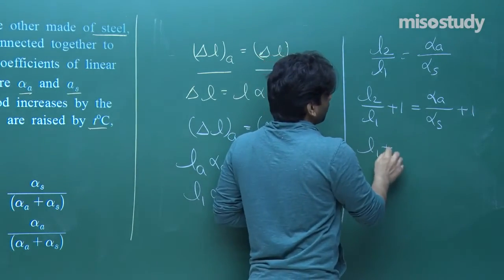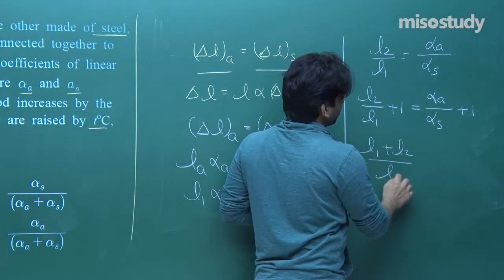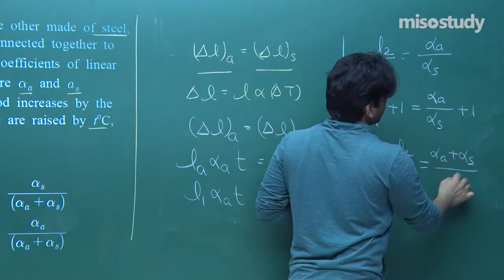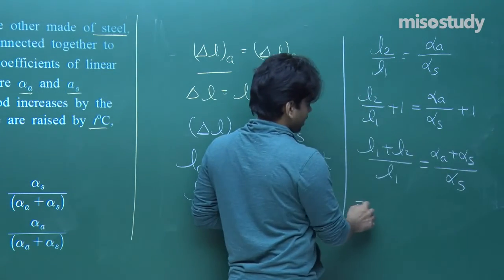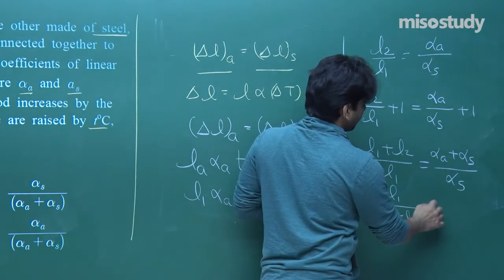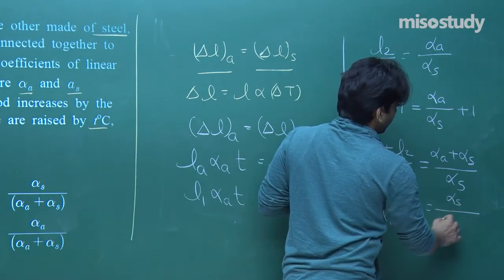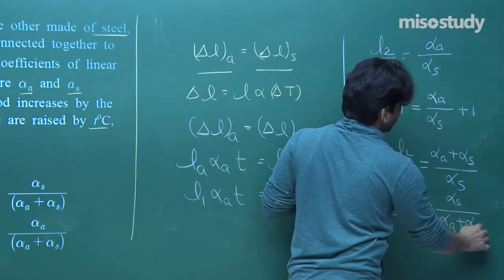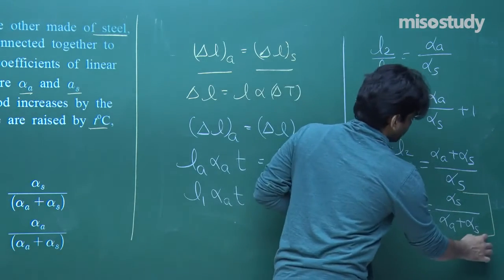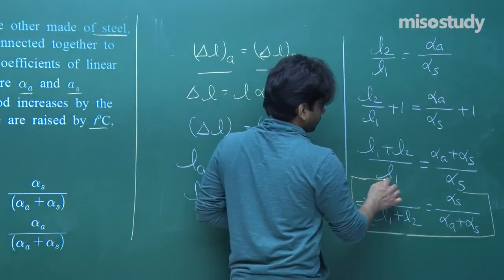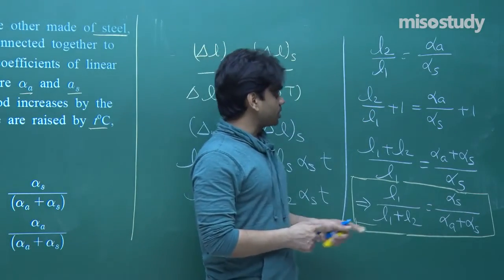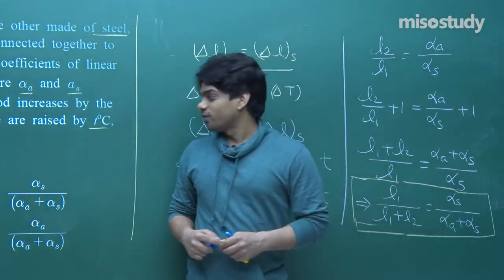This will become L1 plus L2 divided by L1 is equal to alpha A plus alpha S divided by alpha S. Hence, L1 upon L1 plus L2 will become alpha S upon alpha A plus alpha S. This is the option we are getting. L1 upon L1 plus L2 is equal to alpha S upon alpha A plus alpha S.